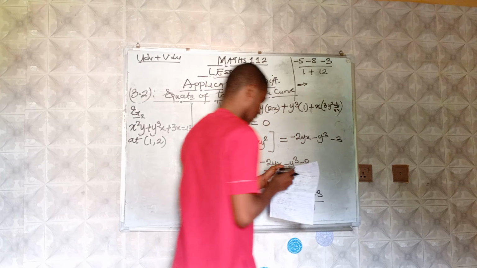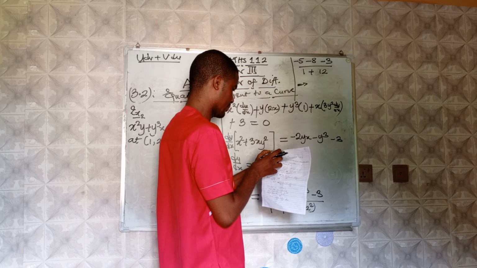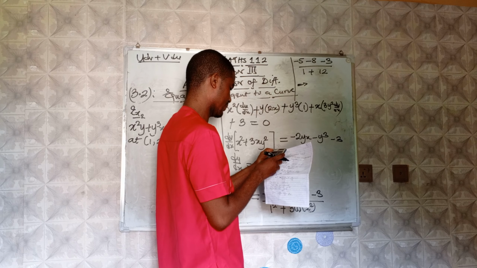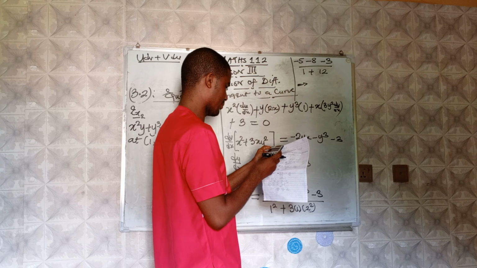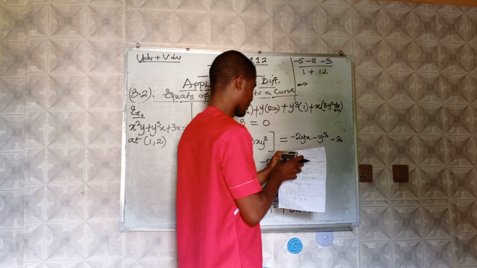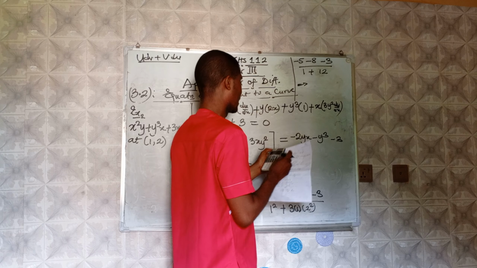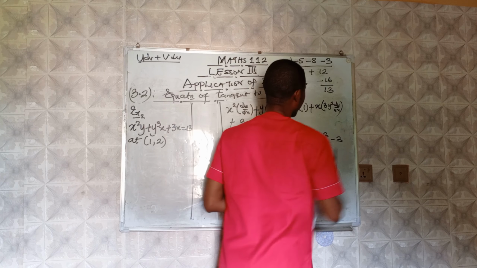Plus 12. So if we have there minus 4 minus 8 minus 3, divided by 13, it will give me minus 16 over 13.